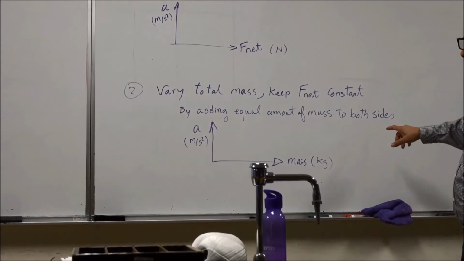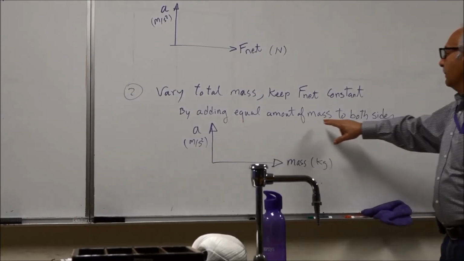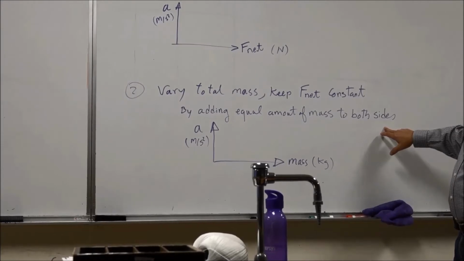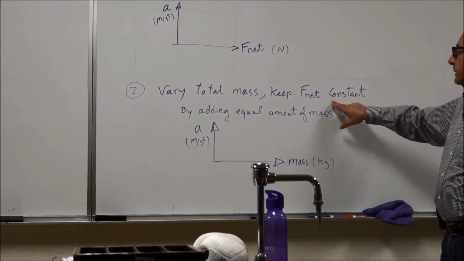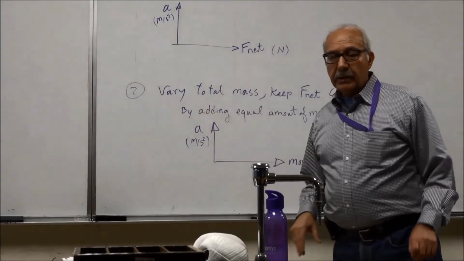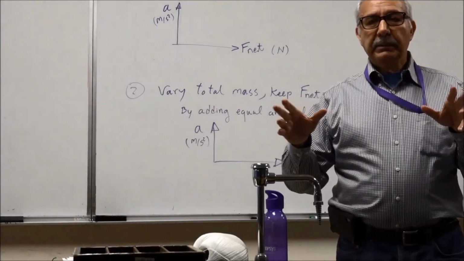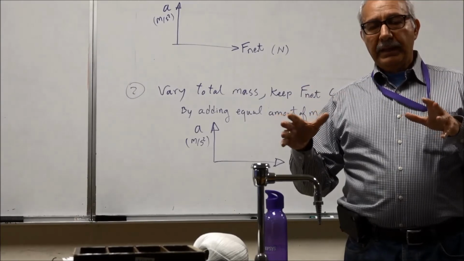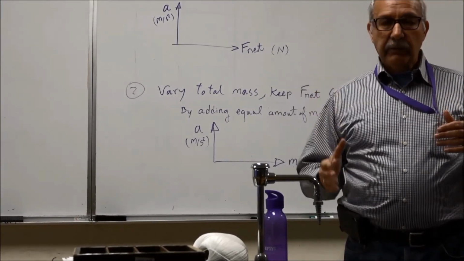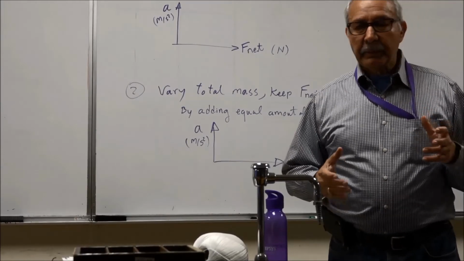Okay? So, by adding the equal amount of mass on both sides, we keep the F net constant and vary the total mass. Of course, one side has to have more mass than the other one overall, so that the system would accelerate. Okay.